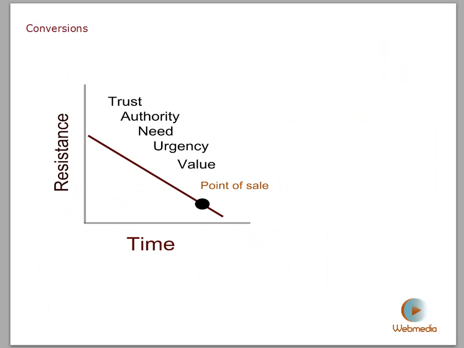When you've established the trust and authority with somebody visiting your website, you need to do a number of other things. You need to convince them that they need what you're offering, that there's an urgency to the sale, i.e. it's not something that they think, oh, I'll come back and I can buy that in a month's time.